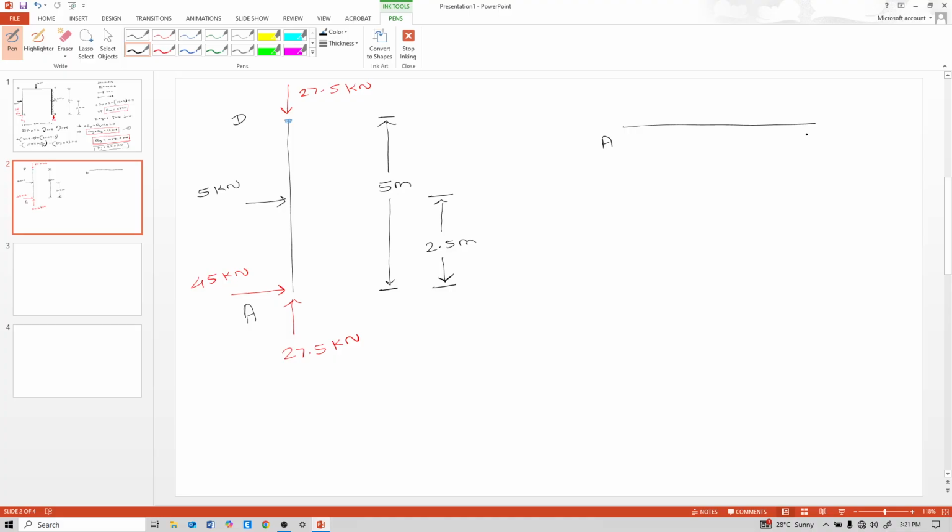So A, D. So this is 45 kilonewton. This 27.5 axial load. This 5 kilonewton. Total is 5 meter.